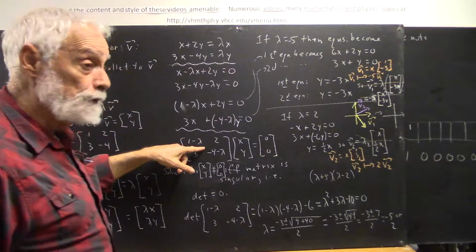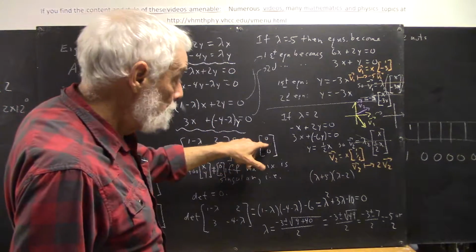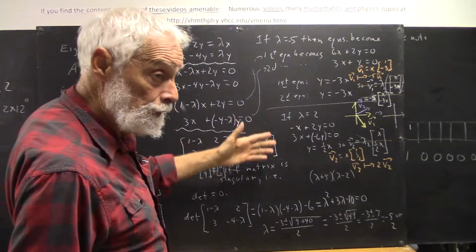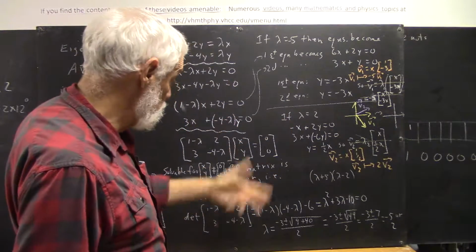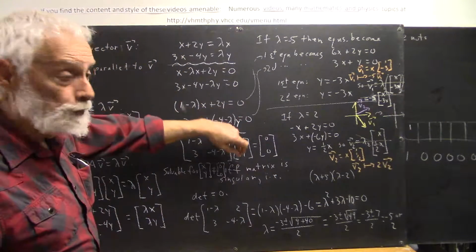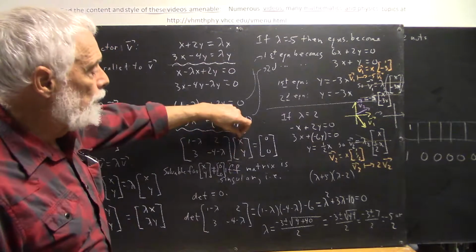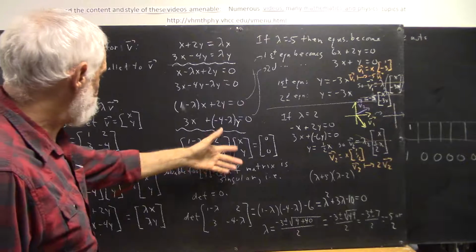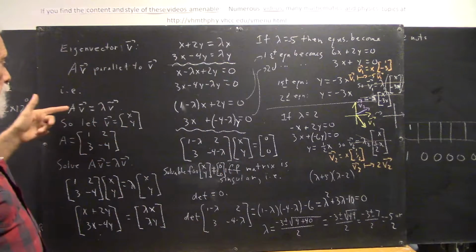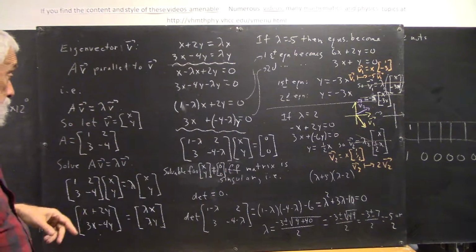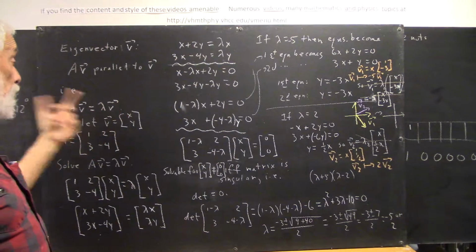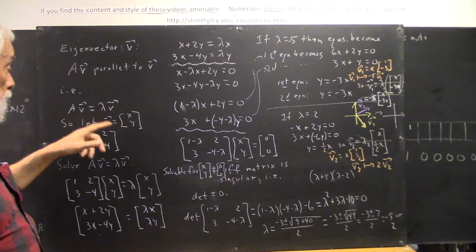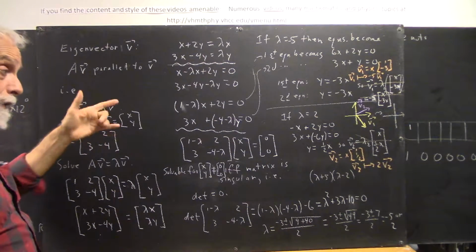Because if this matrix is invertible, we could multiply the inverse by the 0, 0 vector, and any matrix multiplied by the 0 vector gives you the 0 vector, which means that both x and y would have to be 0. We're trying to find x and y that aren't 0. Obviously, if x and y are 0, this is automatically satisfied, because both sides are going to equal the 0 vector.